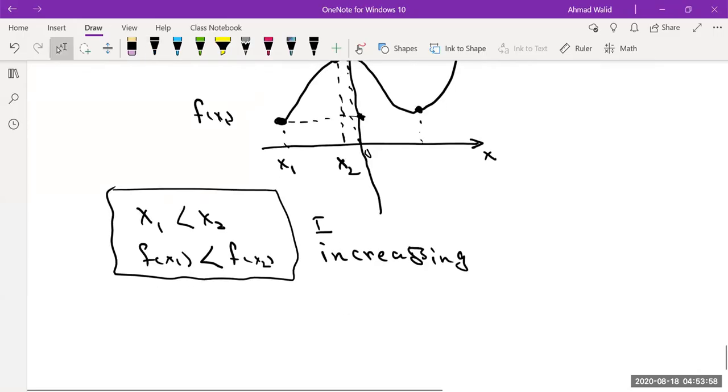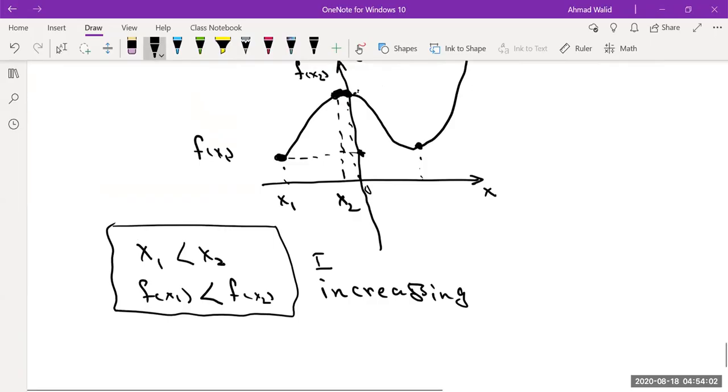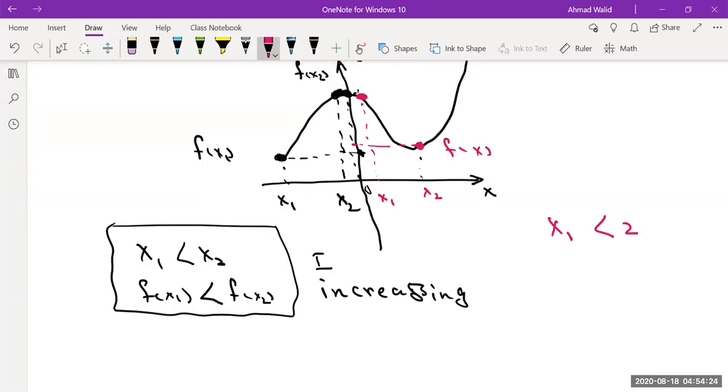Now, how to know the function is decreasing? Let me change the color of my pen. For example, let's check this interval in red. This one is x1. This point is x2. Definitely your x1 is less than x2. But look here, this is your f of x2 and this is your f of x1.